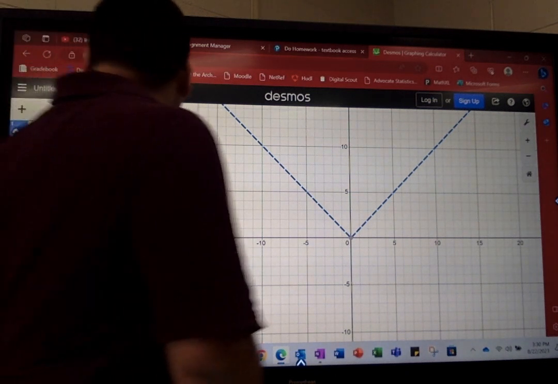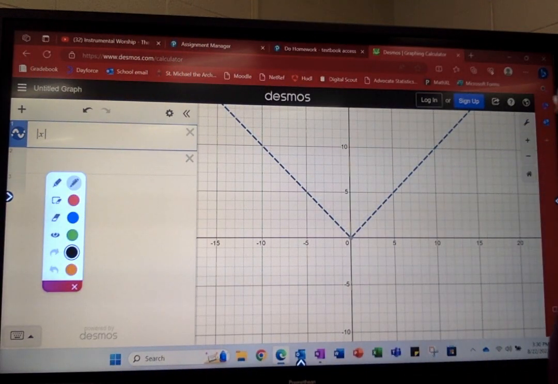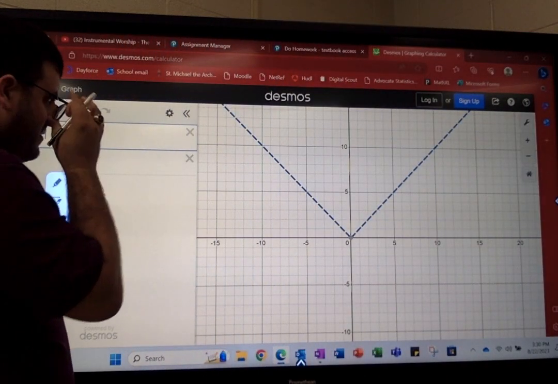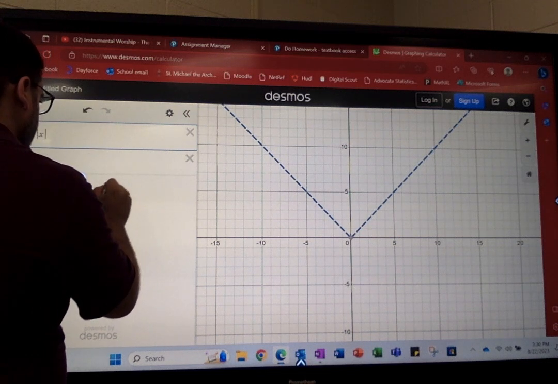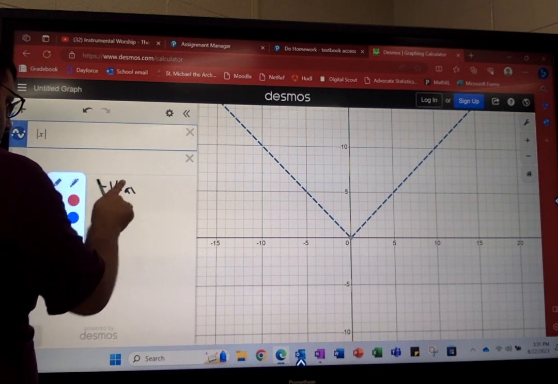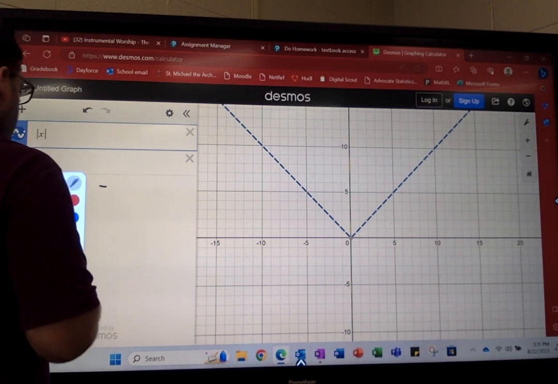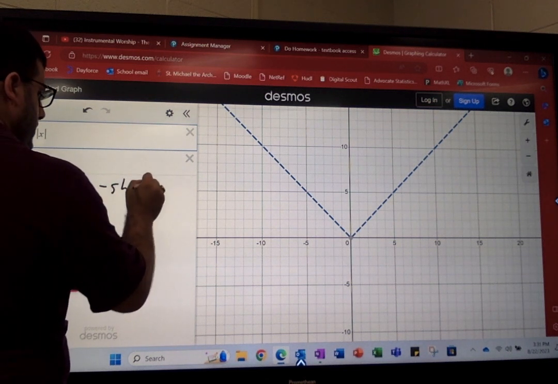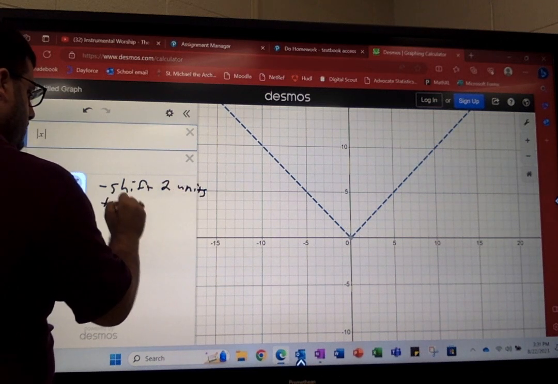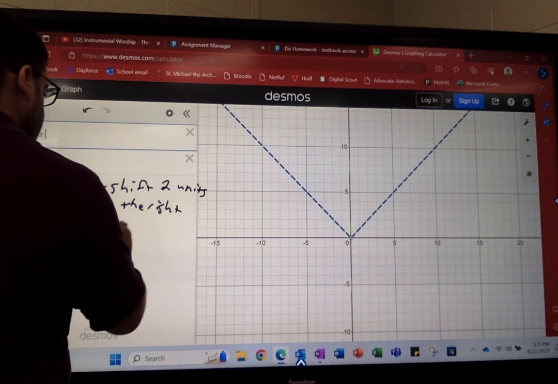Let's say I want to do the following. I want to shift this function 2 units to the right. Then I want to make an x-axis reflection.